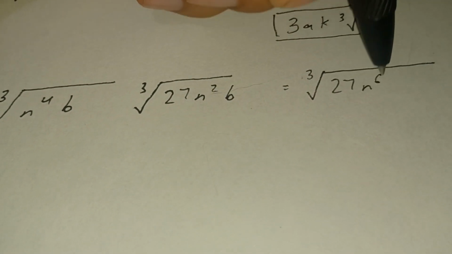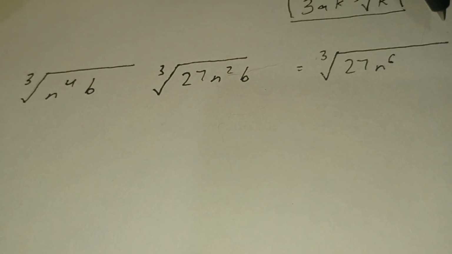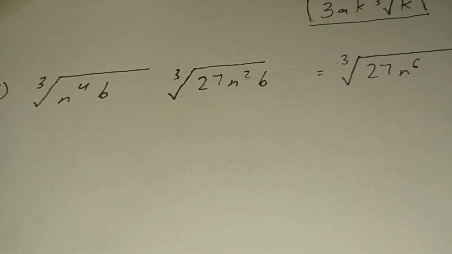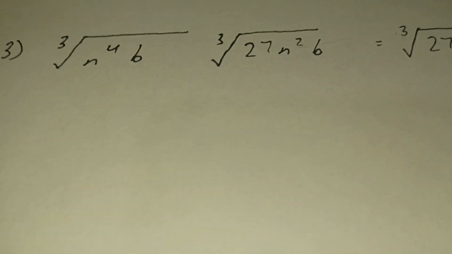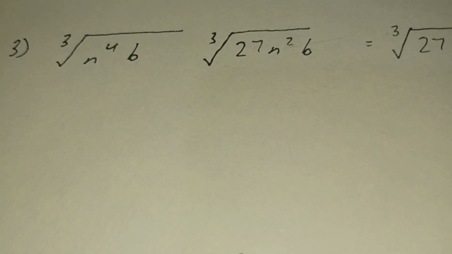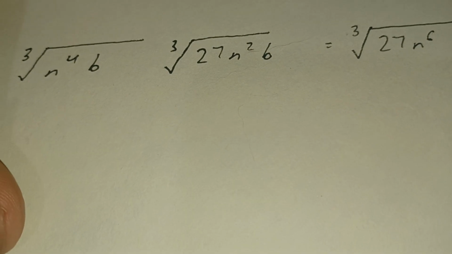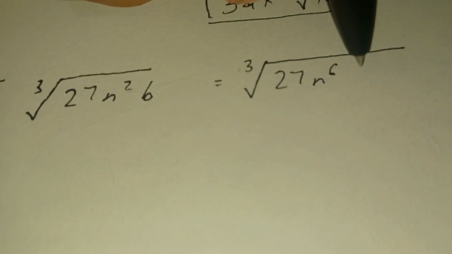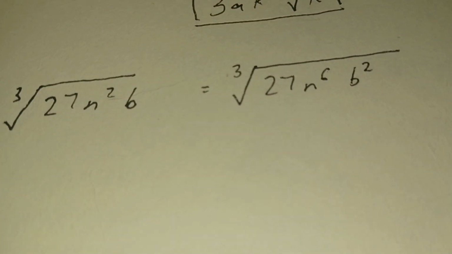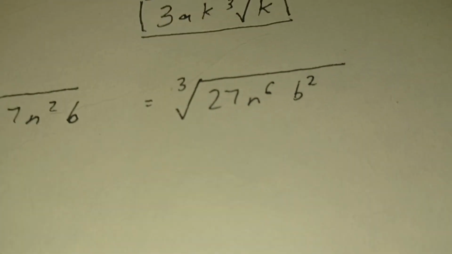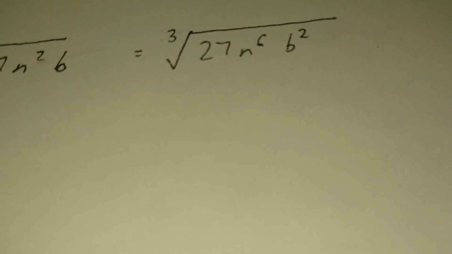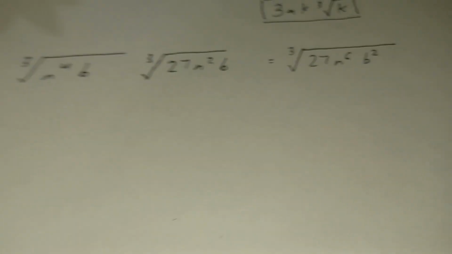N to the 6th power. And then what else? We have b. There's b here and b there. B times b is b squared. B squared. So now we can break this up and pretty much solve.